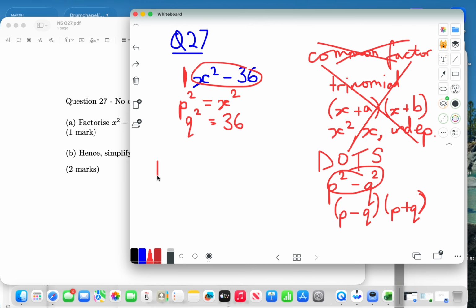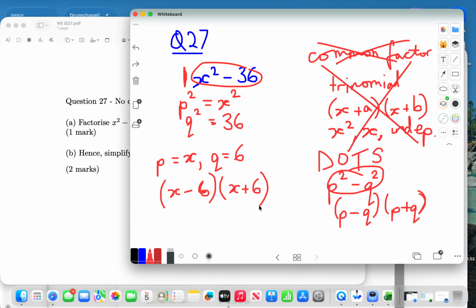So p would be x, and q, it could be 6 or minus 6, but let's just stick with the positive. And we write it in the form p minus q, p plus q. So x minus 6, x plus 6.